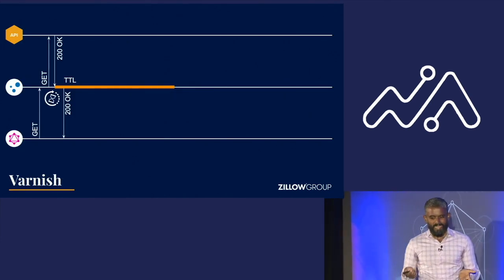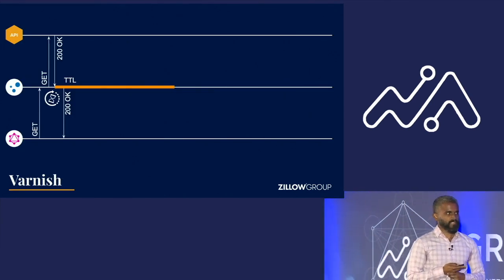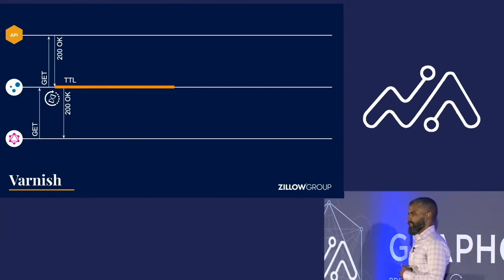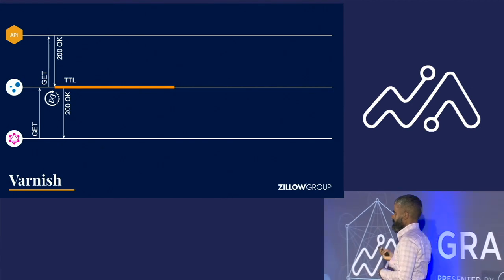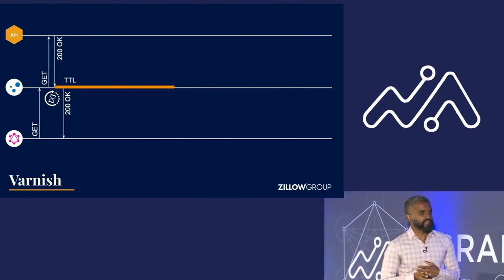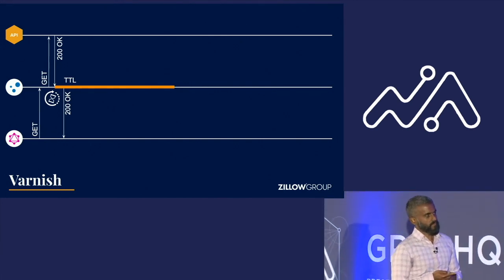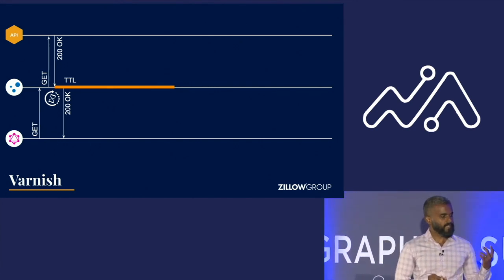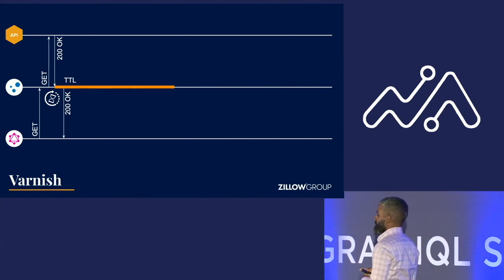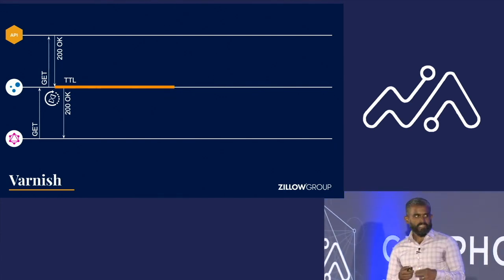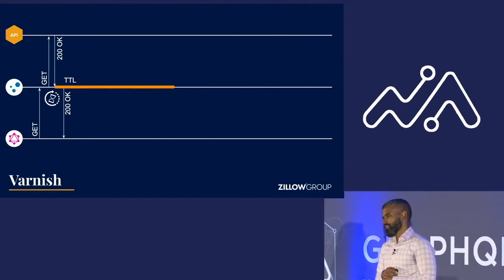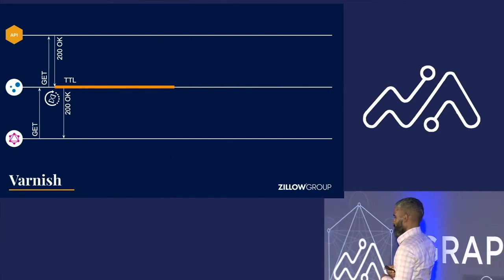Let's take a look at what happens when a request comes in to Varnish. So this is the first request GraphQL is making to Varnish, asking for a resource, and Varnish doesn't have it in cache. It's going to make the GraphQL server wait until it fetches the data synchronously from the backend API. And once it gets a response, it's going to store it in cache and return that data to the GraphQL server.